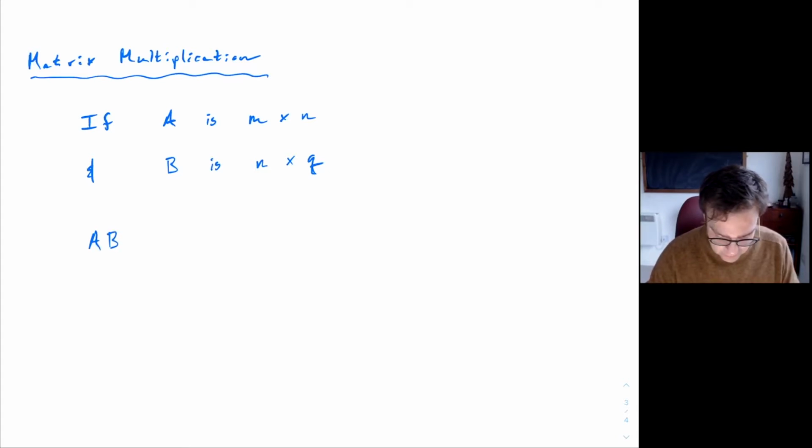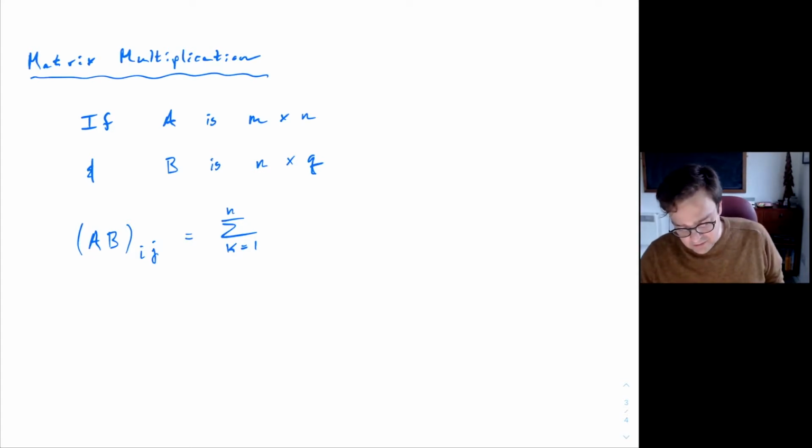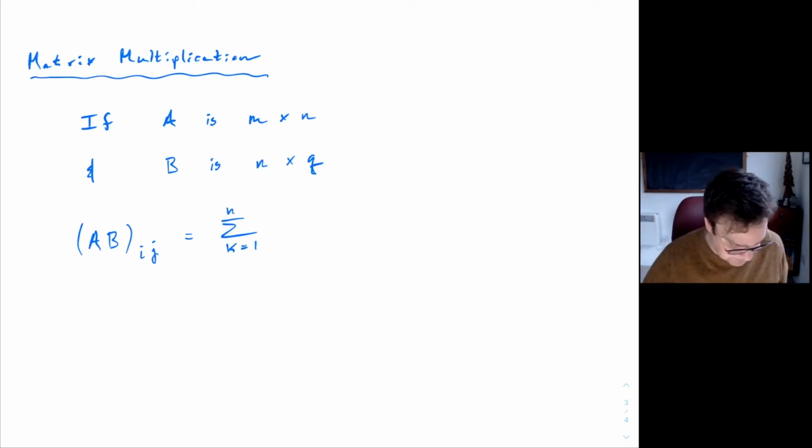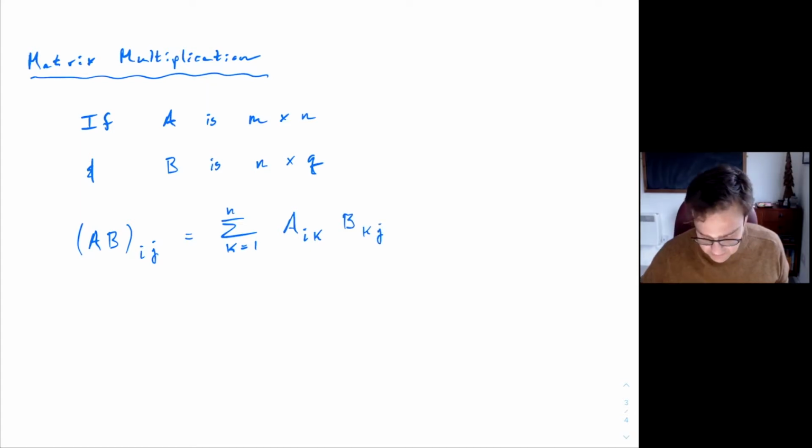A times B is a new matrix, and row i, column j of that matrix is equal to a sum over the index k, where k ranges from 1 to n, and n is the common value for those two things: the number of columns in A or the number of rows in B, of A row i column k times B row k column j. So that's how you write matrix multiplication.